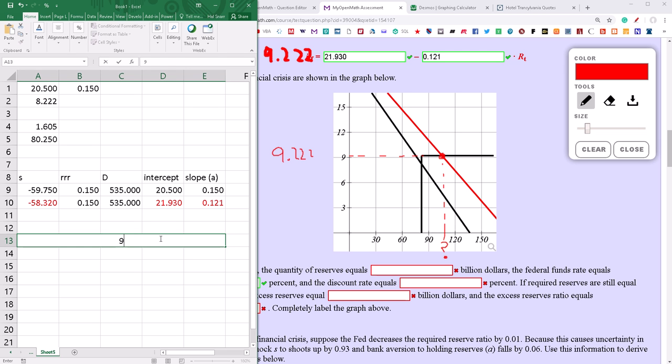So we got 9.222 equal to the intercept of 21.930 minus the new slope of 0.121 times R, right? I'm going to copy this and paste it right here. And I'm going to add this to both sides and then subtract this from both sides.